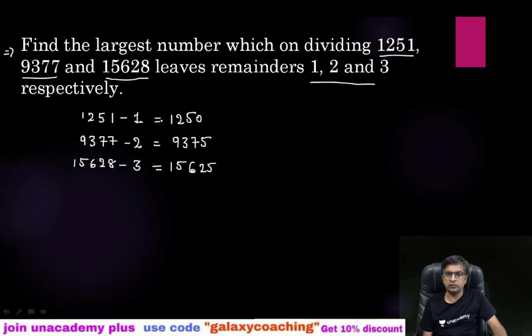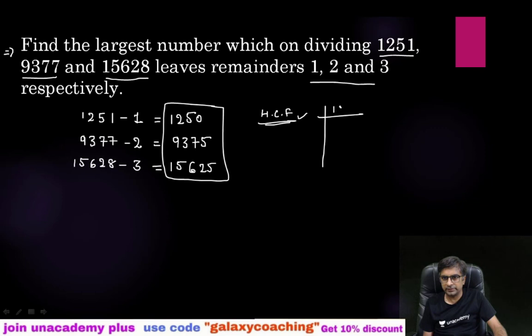First of all, you find the numbers by subtracting the remainders. Now you need to find the HCF of these three. Whatever HCF you get will be the largest number which on dividing these three will give these three remainders. So let us start by finding the prime factors of these three numbers.